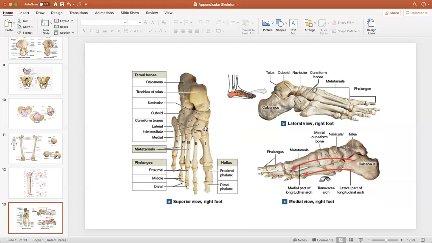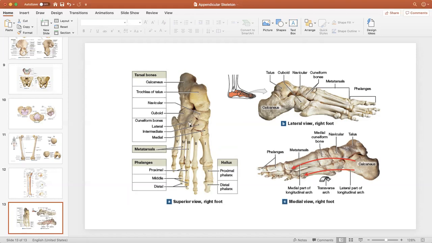Okay, so people kind of get these confused all the time because they're labeled for their relationship to each other. So you have the medial cuneiform bone, which is on the medial side. You have the intermediate, which is in between the medial and lateral cuneiform. Then you have the lateral cuneiform, which is lateral to the other cuneiform bones, but it is in the middle of the foot.